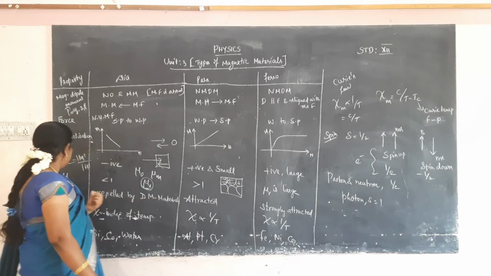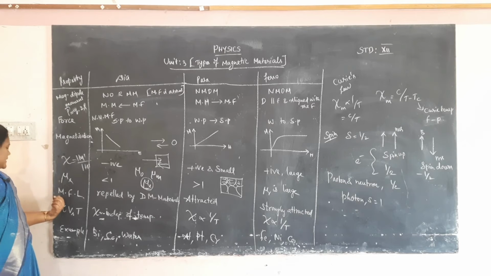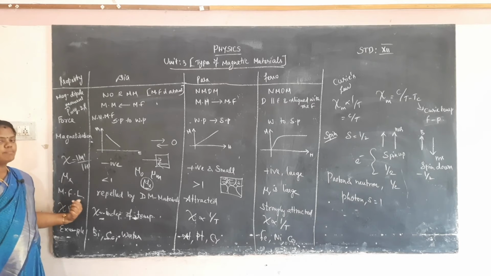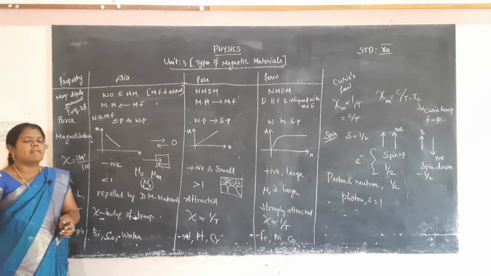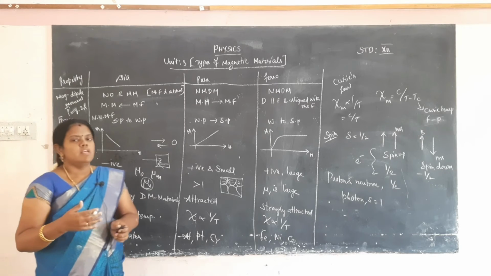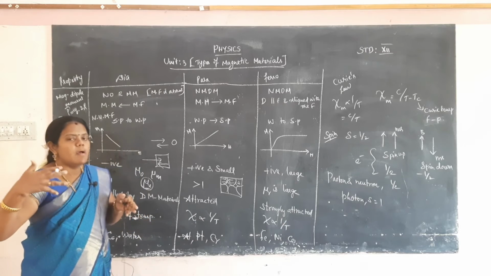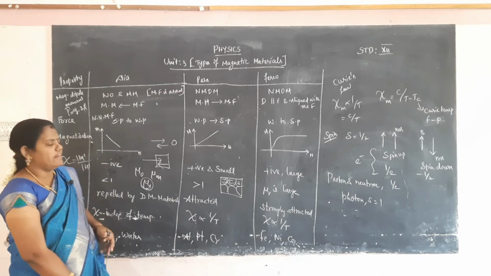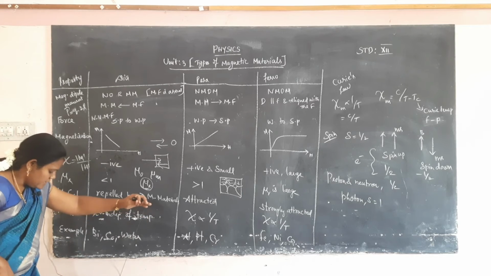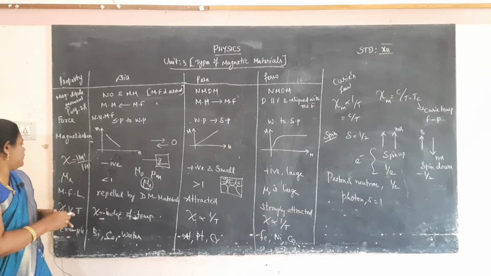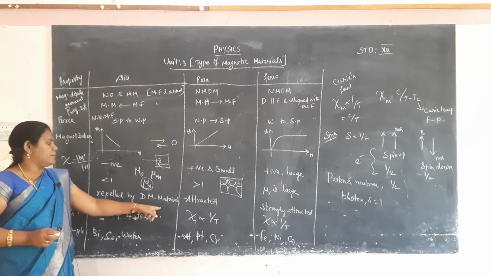Okay. Then next one is magnetic field lines. What's the meaning of magnetic field lines? We have to apply the magnetizing field, and the magnetic field lines will pass on to the magnetic material. Magnetic field lines are repelled by diamagnetic material. What's the meaning?